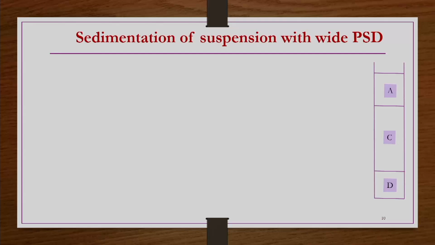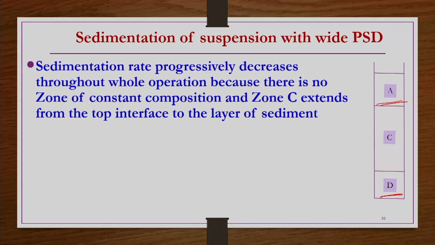In general that is not possible. In general, with a slurry having a wide particle size distribution, we have A, D and C kinds of zones. B zones in general we do not find, because of several inherent reasons, as we will be discussing.